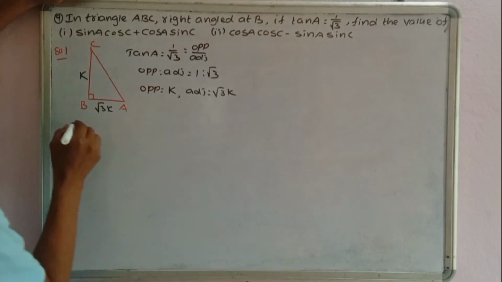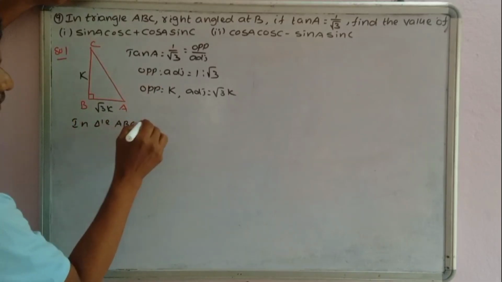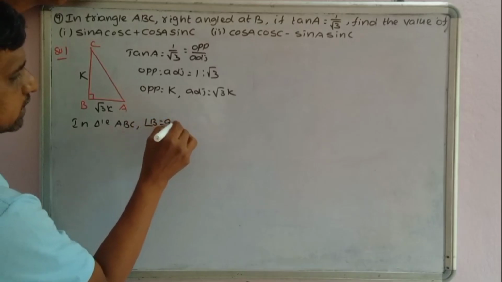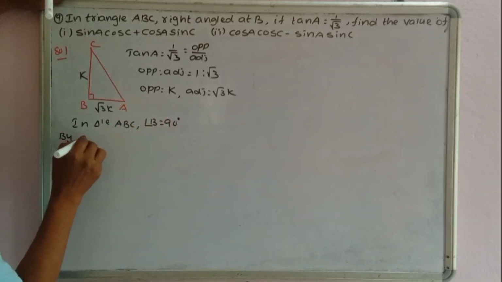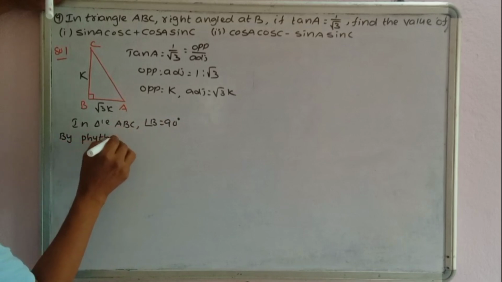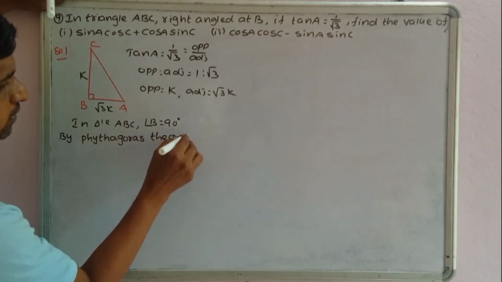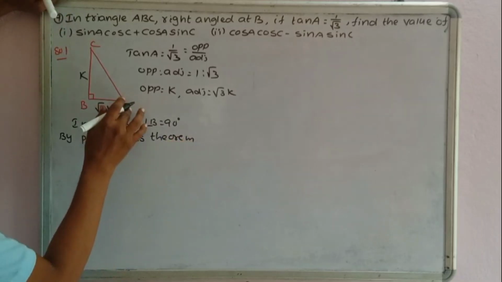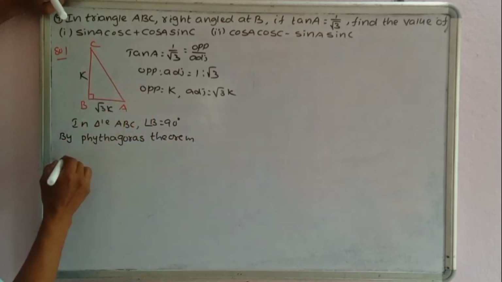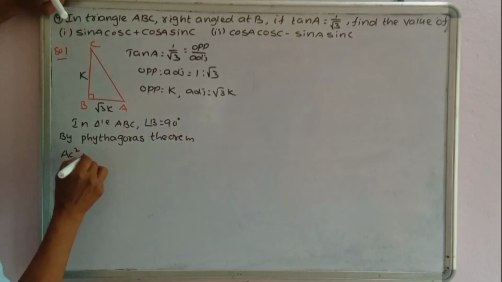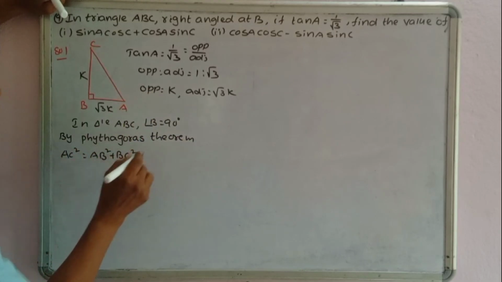In triangle ABC, angle B equals 90 degrees. By using Pythagoras theorem, hypotenuse square. What is the hypotenuse here? The side opposite the right angle is the hypotenuse, here AC. AC square equals AB square plus BC square.